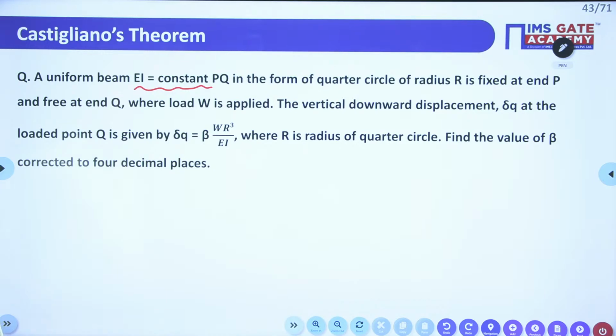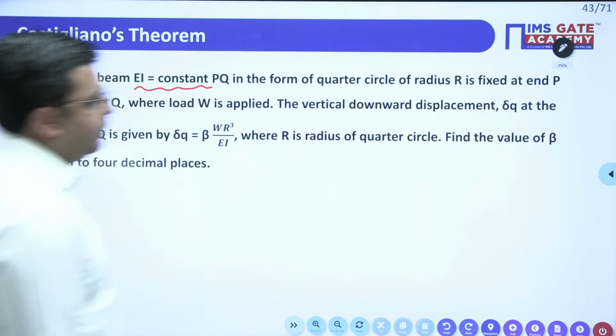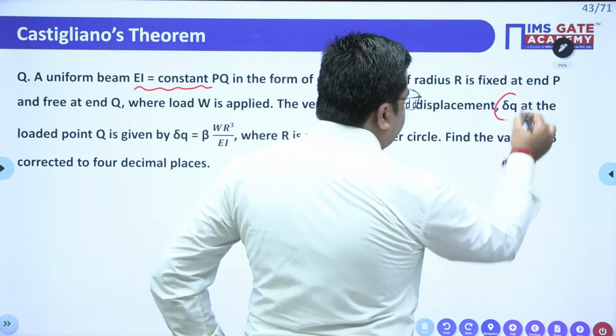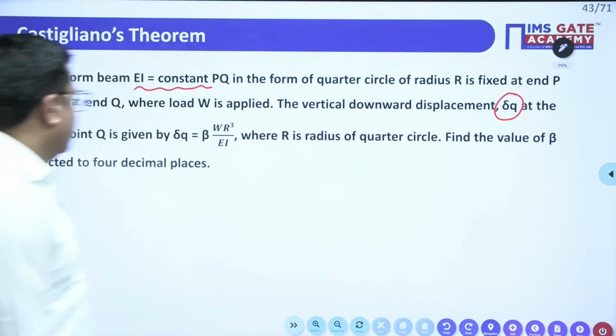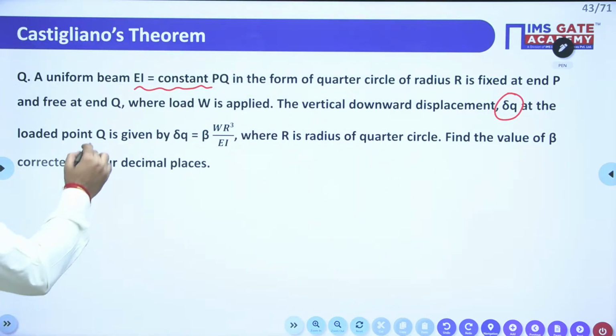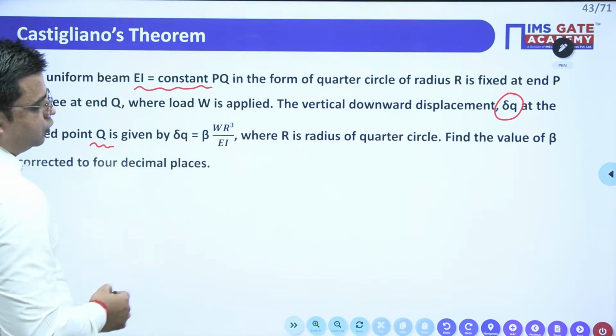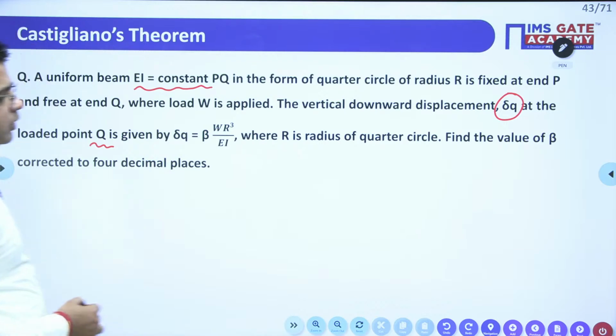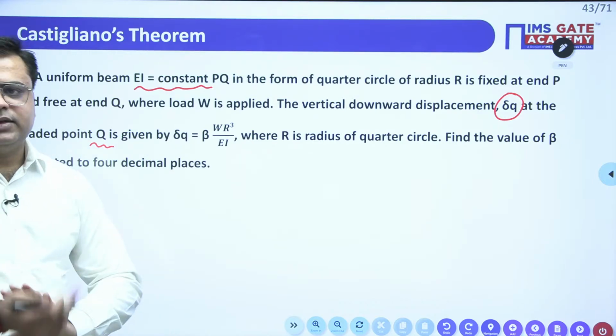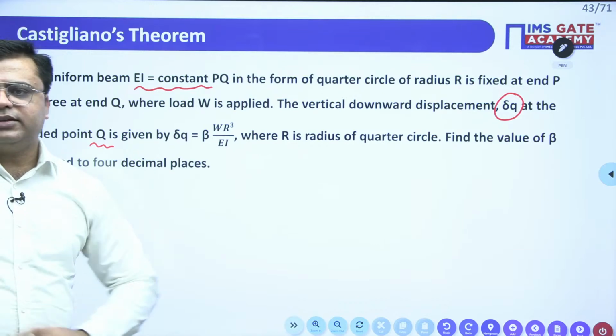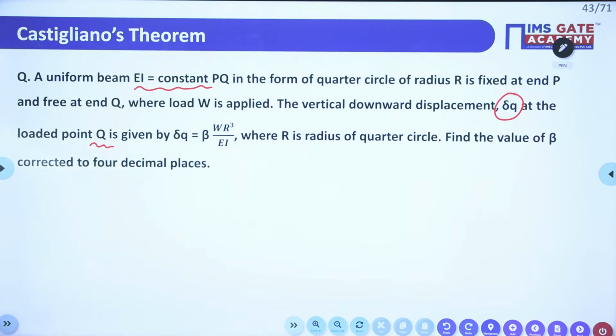The vertical downward displacement delta Q at the loaded point Q is given by delta Q equals beta into W r cube upon 3 EI, where r is the radius of the quarter circle. Find the value of beta corrected to 4 decimal places. Just try this question.